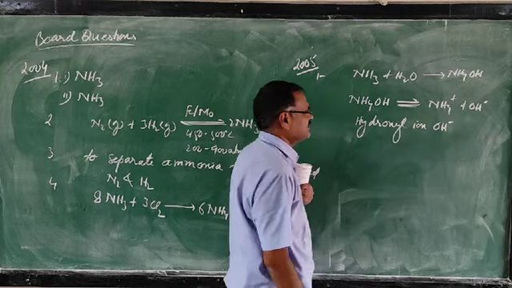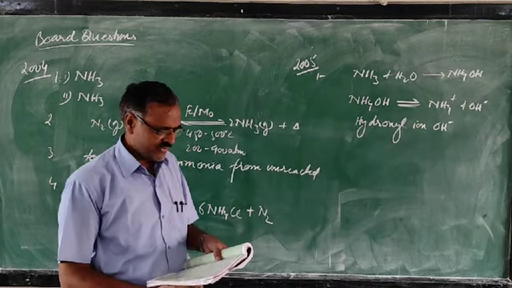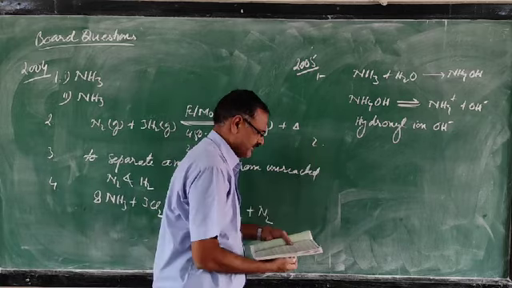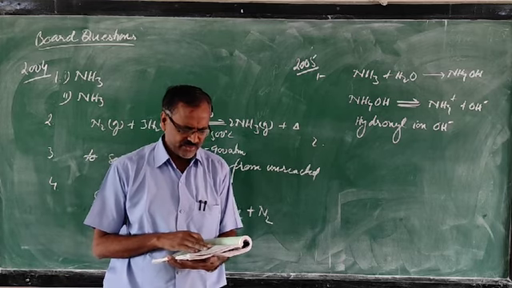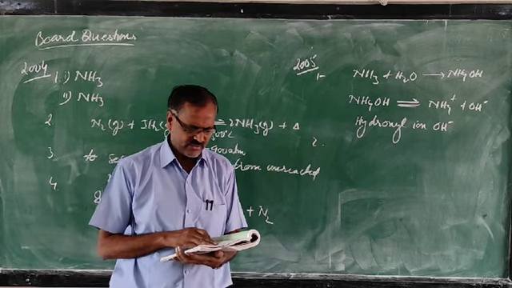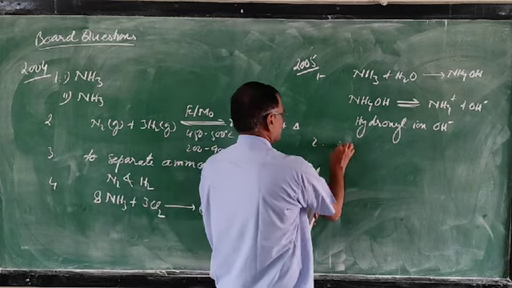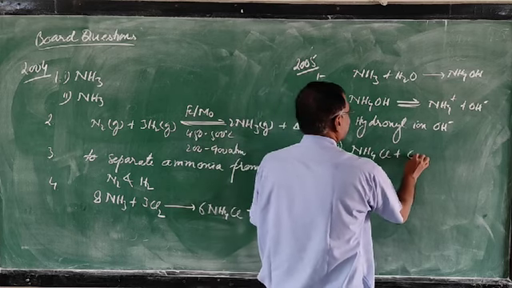Let's begin. So 2005, first one, then second. Write equation for the formation of ammonia. First one is ammonium chloride and slaked lime.